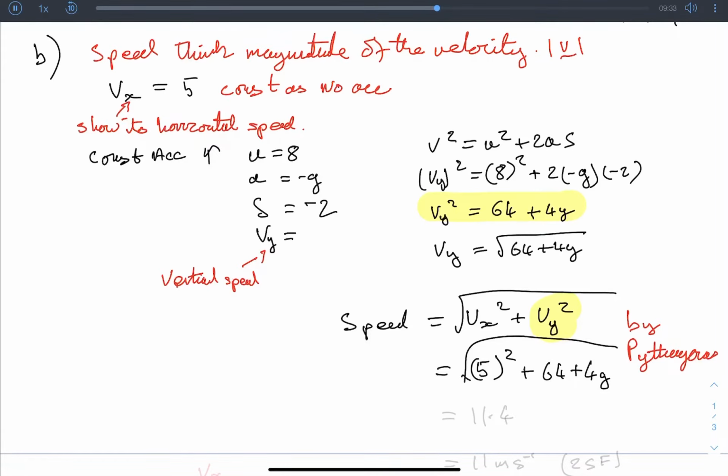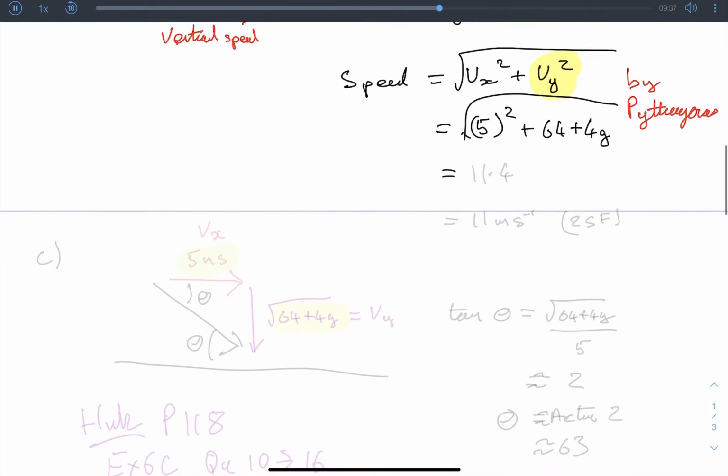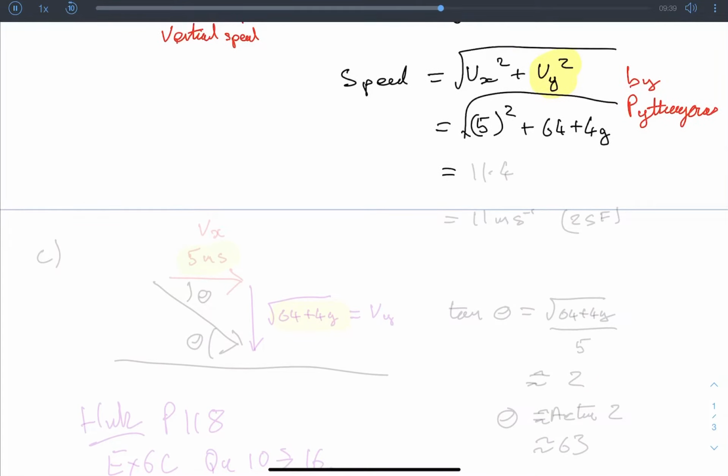So we tap that into the calculator, and we're going to get roughly 25 and 64 is 89 plus another 40, roughly 130. So it's roughly the square root of 130. So that's going to be, I don't know, 11.4-ish, maybe 3, something around there anyway.